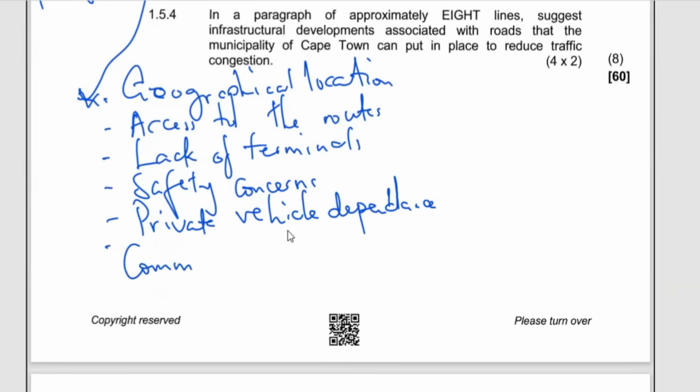And also, lastly, we can talk of commuting times. If you are using public transportation, like a train, there are most instances where you find that the timetable might not be aligned to your time of work. The train maybe is too early, and then the next train is too late. Your time of work is in between.